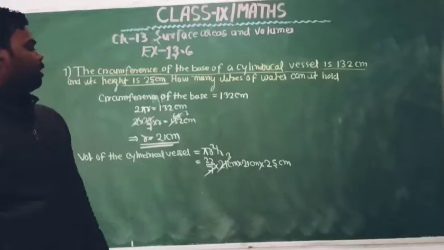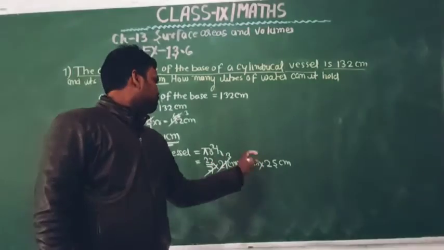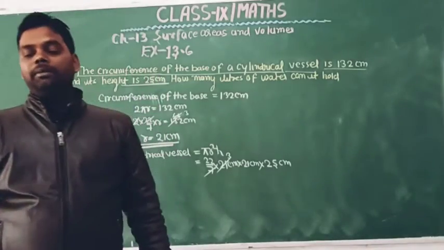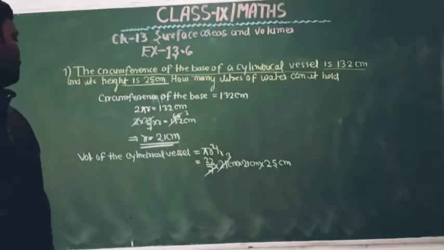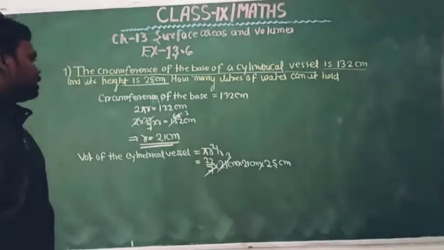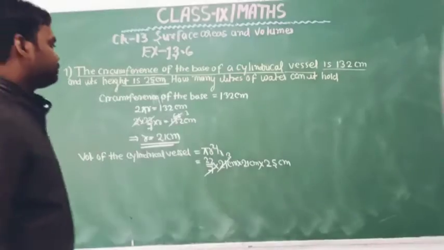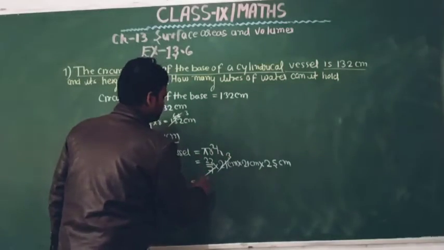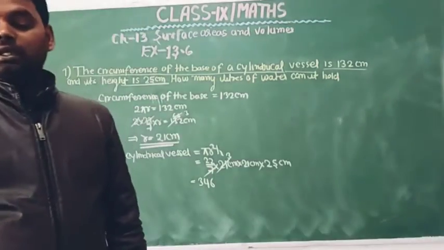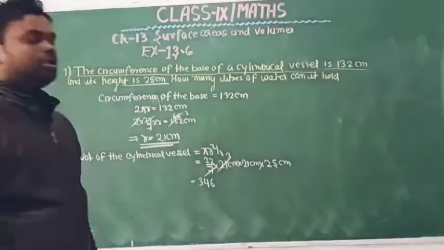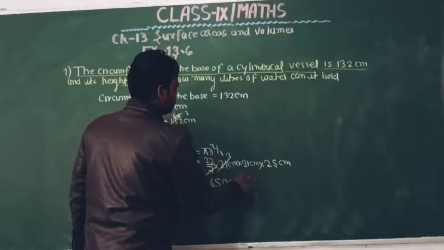Now multiply 22 by 3 by 21 by 25. So we will get the total volume of the cylindrical vessel equal to 34650 centimeter cube.